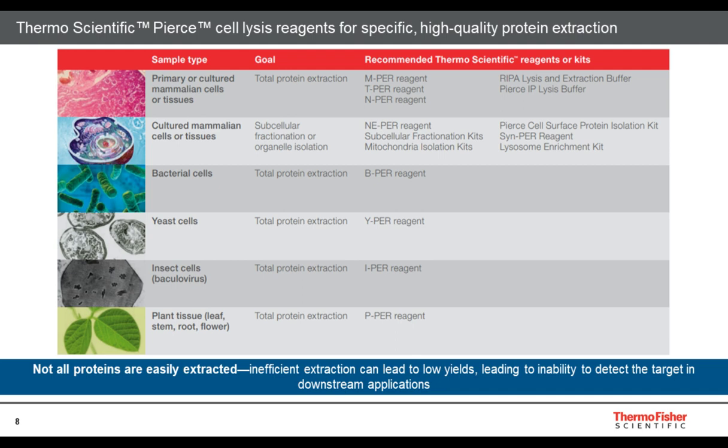The table here illustrates the breadth of reagents that Thermo Fisher Scientific offers for high-quality, efficient, and specific protein extraction. The active ingredient in most of these lysis reagents are detergents, which help to disrupt the membrane and release the proteins inside.